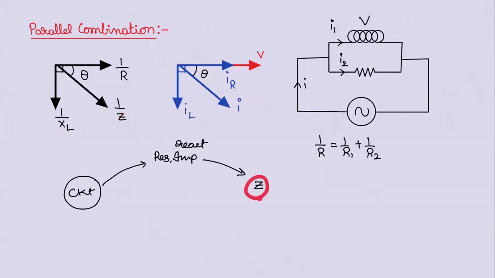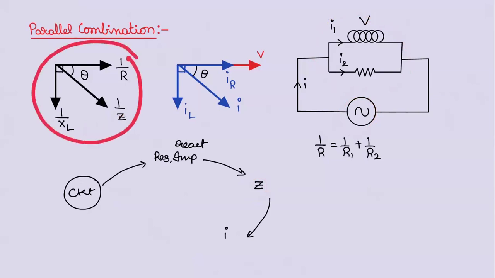Once you got Z value, you got the total impedance, right? You know voltage. Voltage by impedance is current. From there you can find current. First path: you go to the impedance and then deal with it.